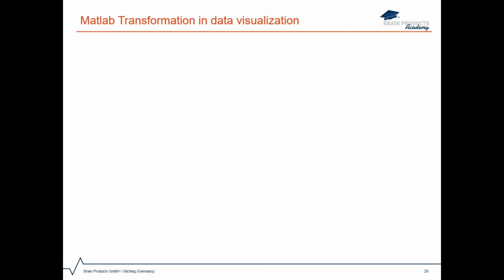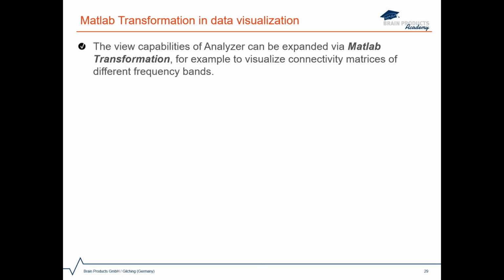However, it is not possible to include all types of visualizations. But the good news is we can create additional views via Matlab transformation using the view functions available in Matlab. For instance, to create connectivity matrix views of different frequency bands, which will be shown in the following demonstration.